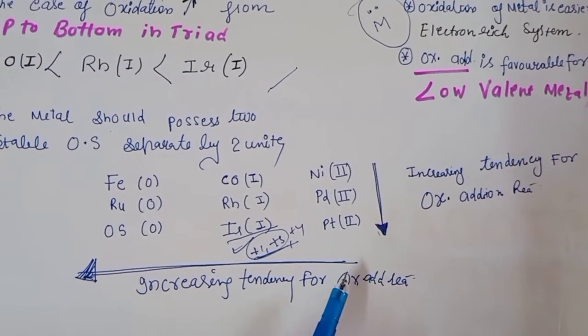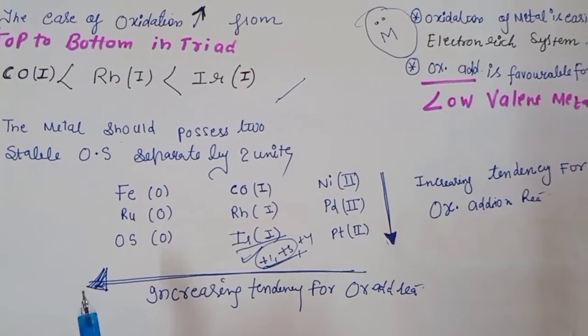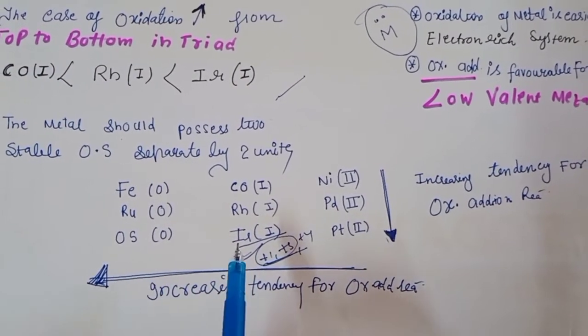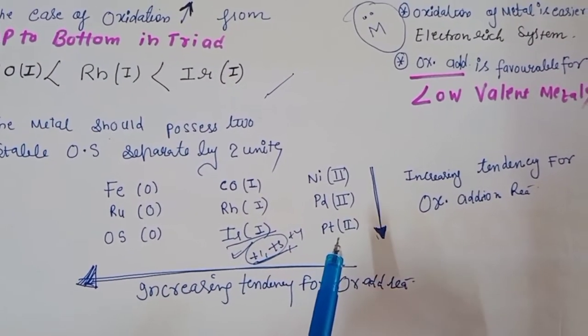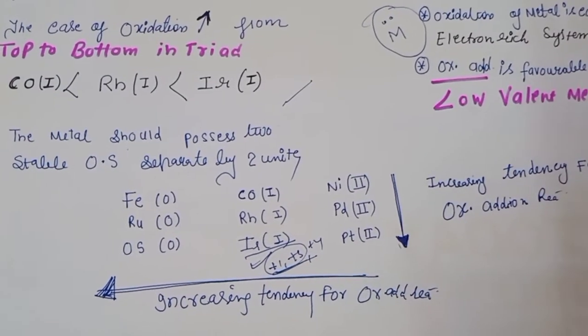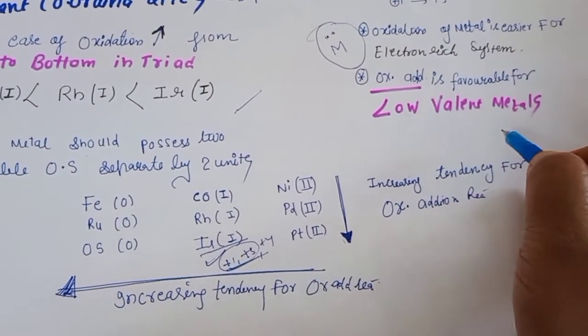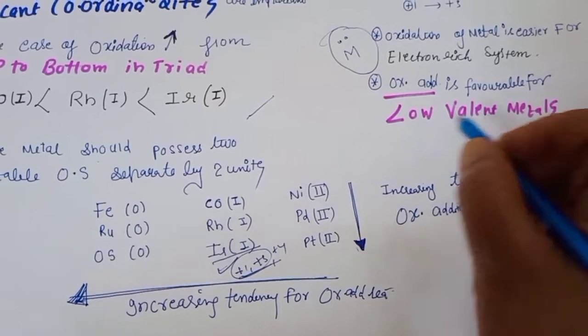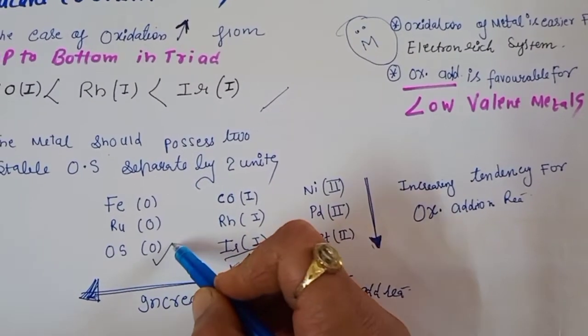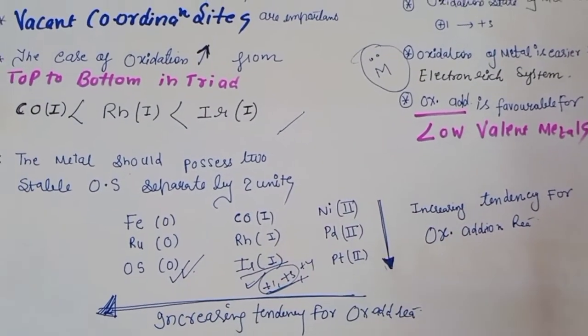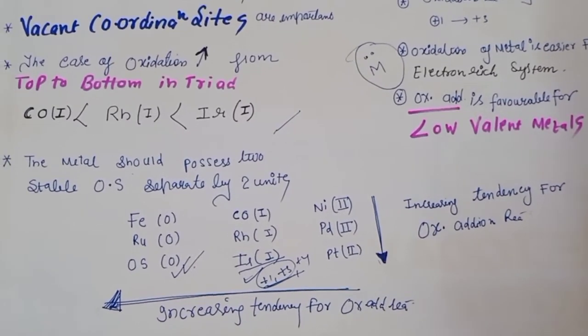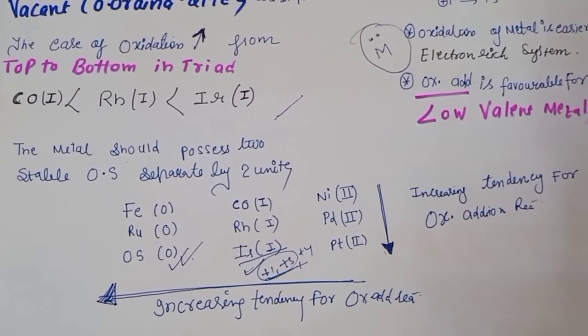Similarly, osmium has a greater tendency in comparison to iridium or platinum(II). So as written, low valent metals, when the oxidation state is very low, will favor the oxidative reaction, because the metal can easily donate the electrons.